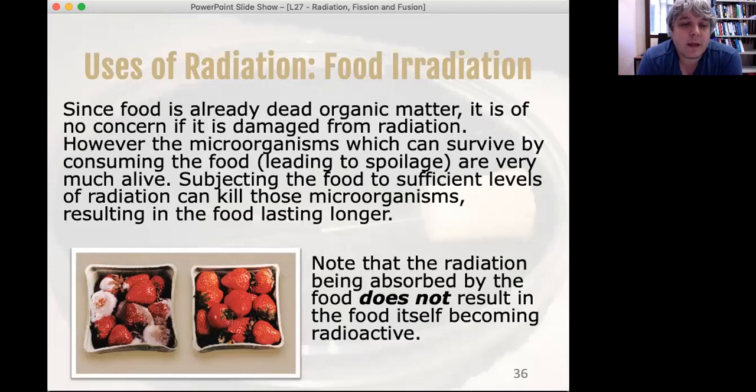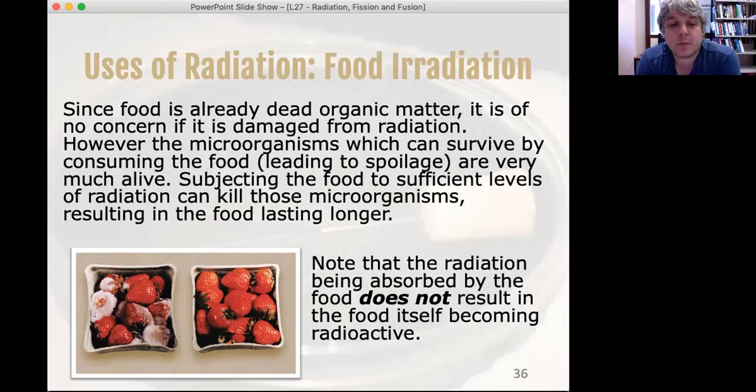And so if we expose the food to radiation, then we can kill those little microorganisms and prevent the food from going bad, right? Because it was never the food that went bad, it was the microorganisms that feed on the food that cause the food to go bad. So if we can kill them, then the food will last a bit longer.